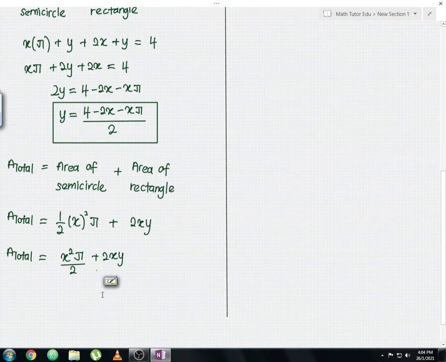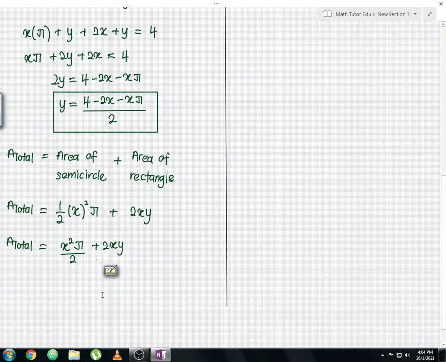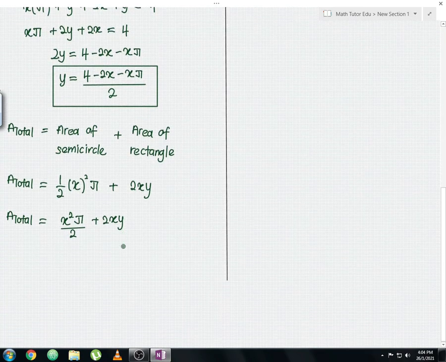So up until now I hope you understand the concept behind this. Since the question asks us to express in terms of x and pi, we need to eliminate this y variable. So how are we going to do that? We have already come up with the equation of y in terms of x, so we're going to substitute it inside here in order to eliminate the y variable. Okay, let us continue our working.